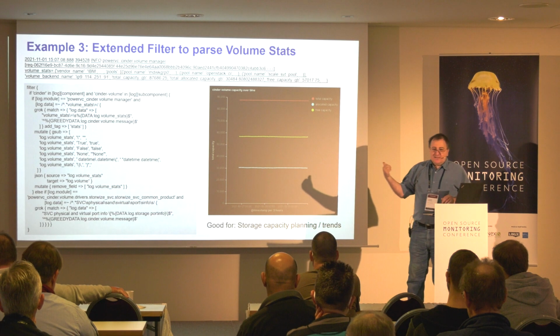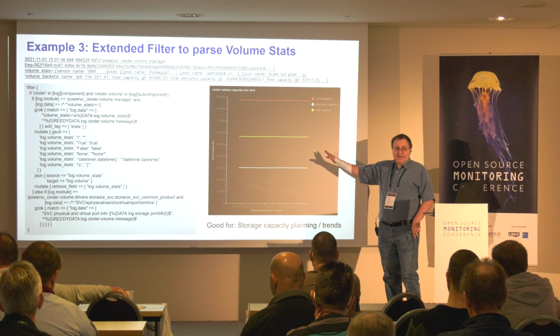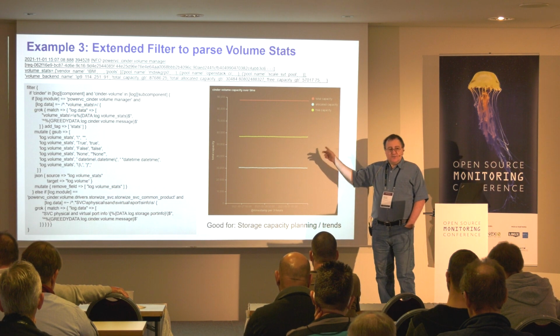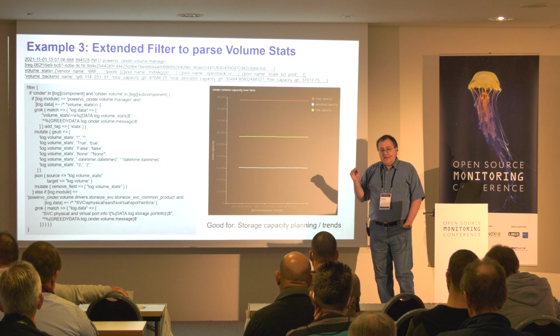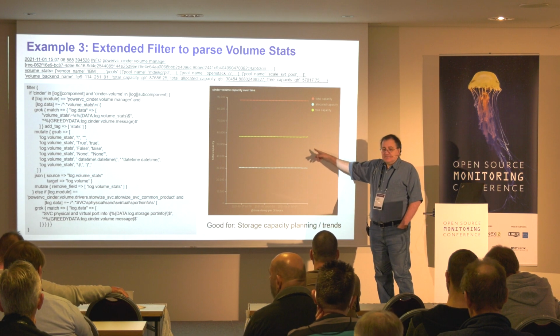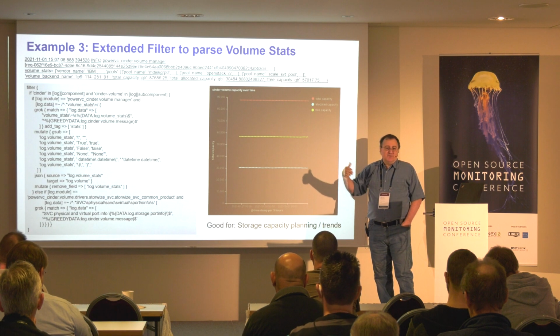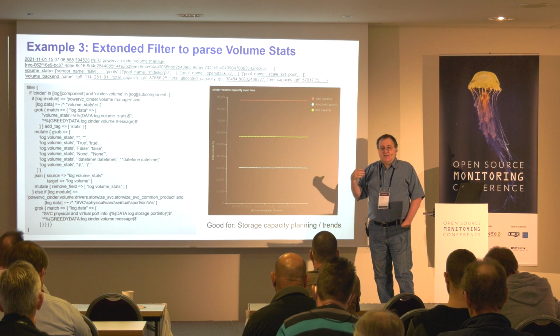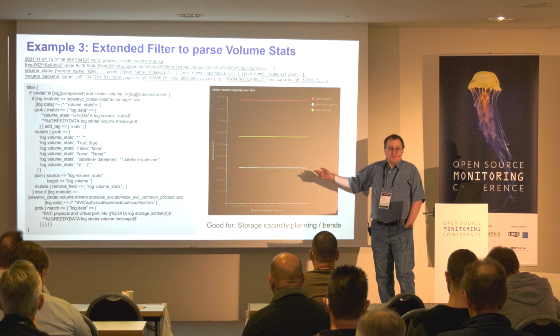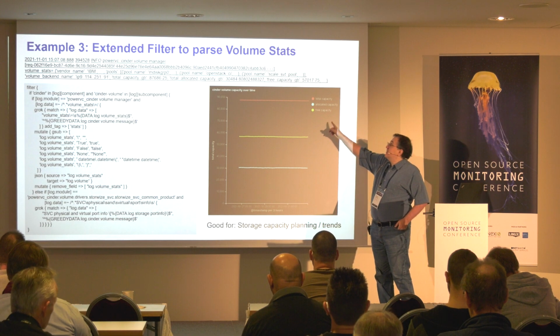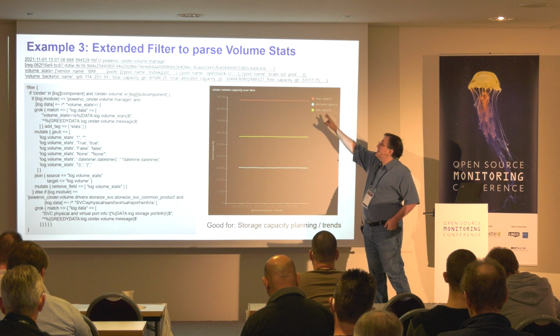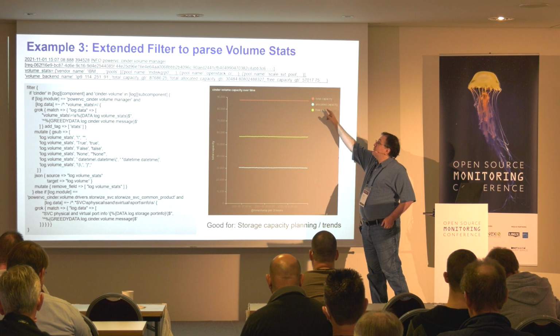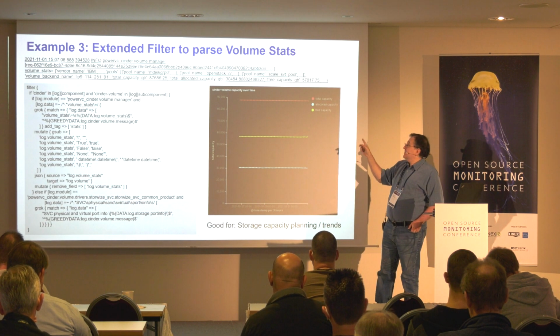Okay, and another one that they were lacking as well: how to do some kind of planning. This is an example for storage, but you could do the same thing for processing resources or memory resources. Some of these APIs have total capacity, allocated capacity, and free capacity.